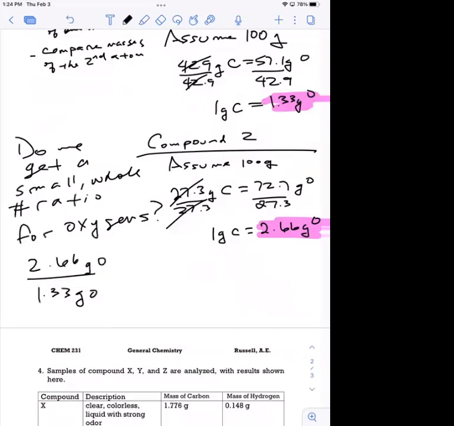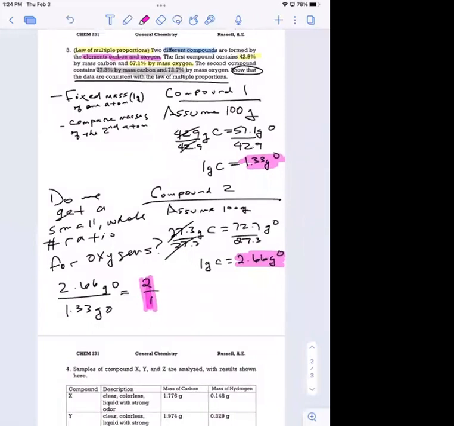And what do we get from that? Isn't that a 2-to-1 ratio? If I divide 2.66 by 1.33, I should get 2 to 1. Is that right? So it matches. It follows the law of multiple proportions, because the ratio of the masses of oxygen in these compounds reduces to a small whole number ratio.